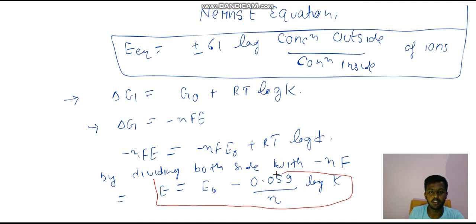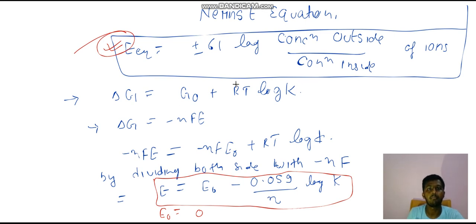So after solving this, the standard potential is equal to 0. So after solving this, we will get this equation: plus minus 61 log concentration of the ions outside of the cell by the concentration of the ions inside of the cell.